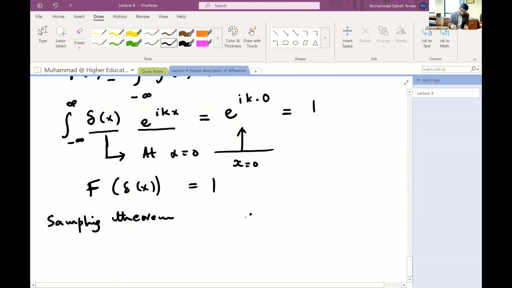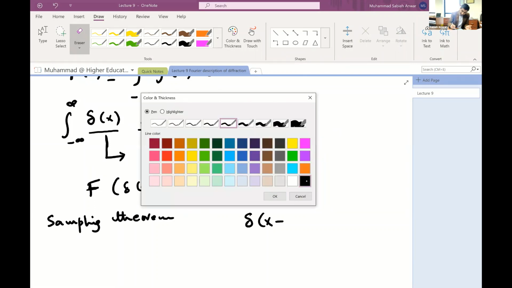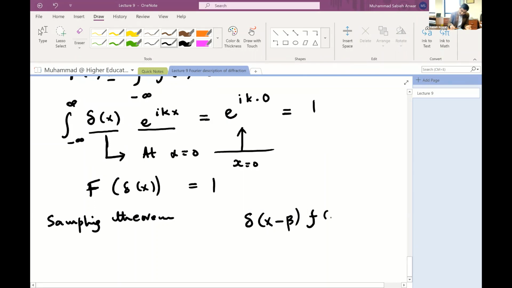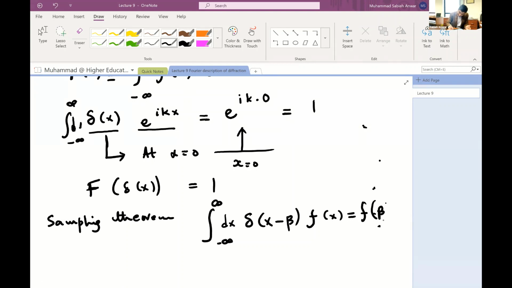The sampling theorem means that if I have a Dirac delta function delta of x minus something, say, let's not use a, I'm using a for something else, say b, and I multiply this with some function f of x, and integrate, sorry, I need the variable of integration as well, this equals the value of the function where the Dirac delta is non-zero, and that is at b. So this is called the sampling theorem, by the way.